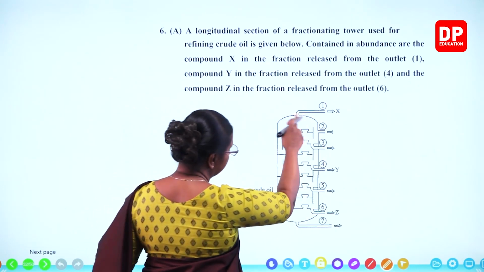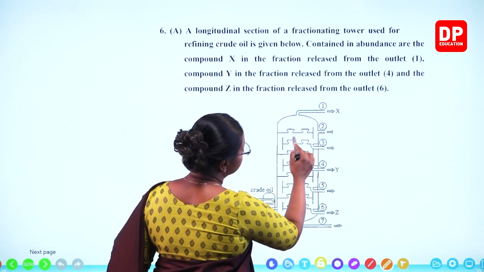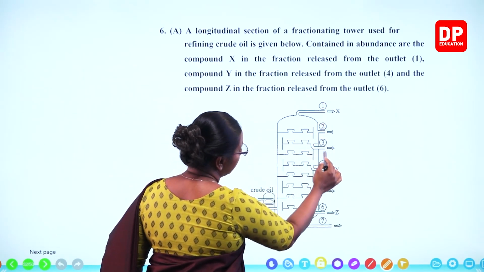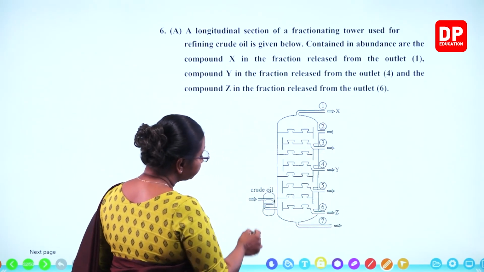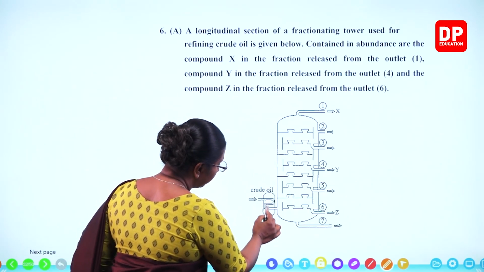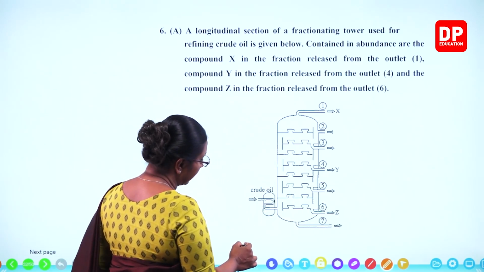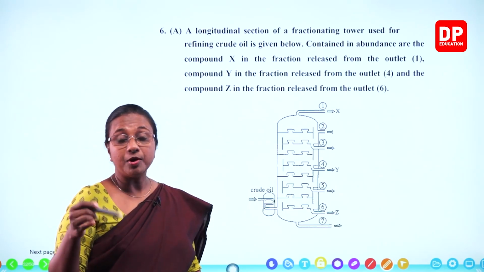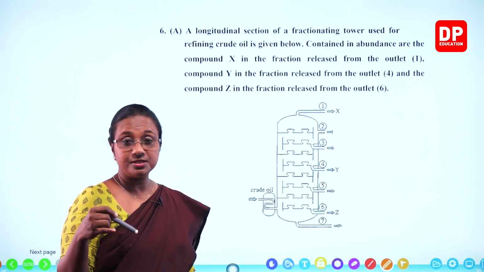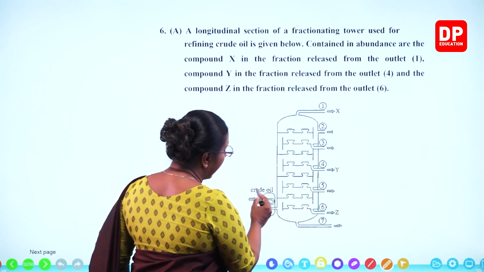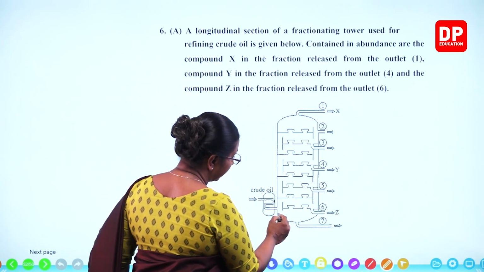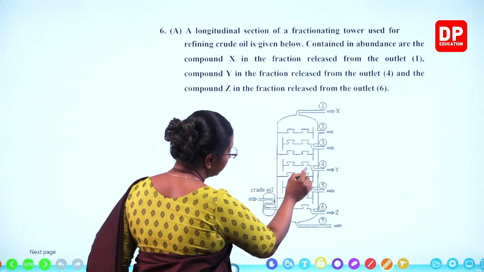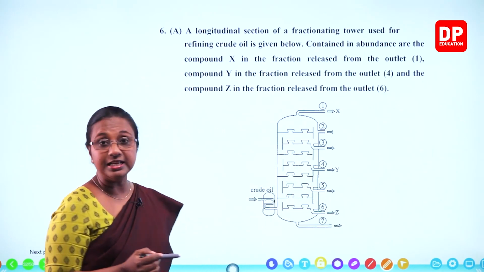If you look at the diagram here, the different outlets are numbered 1, 2, 3, 4, 5, 6, 7. And you all know here the crude oil is passed from this side, and then here there is the boiler where heat is provided to the crude oil, and it gets converted to vapor, and the vapor moves through this particular fractionating tower.